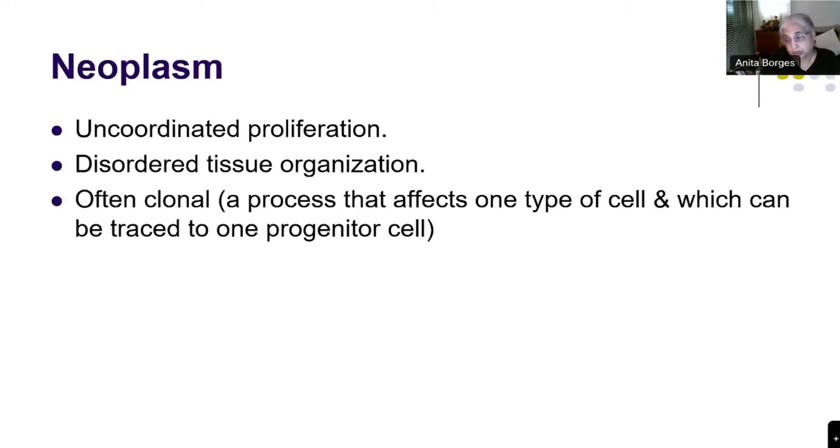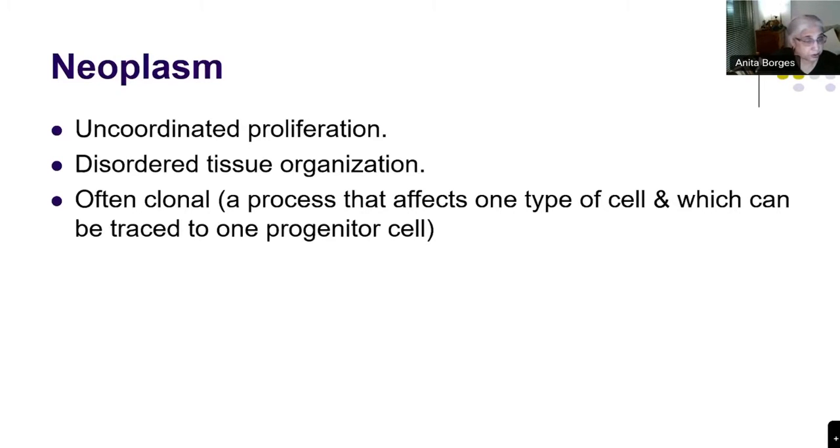And you know what clonality is. It's a process that affects one type of cell and which can be traced to one progenitor cell. And I have used the word often over here because somebody said, and I can't remember who, I think perhaps it was Sikandar, that things could be not always clonal, they could be polyclonal.